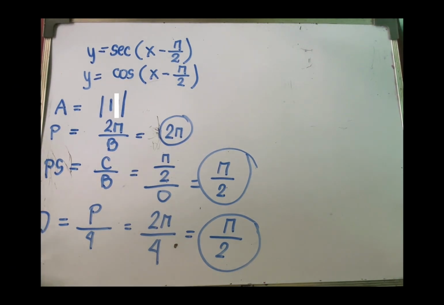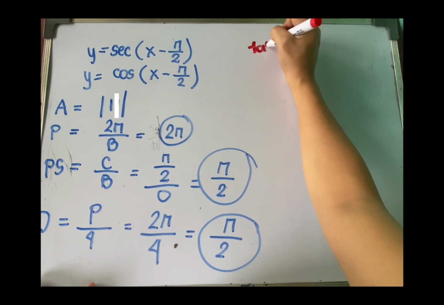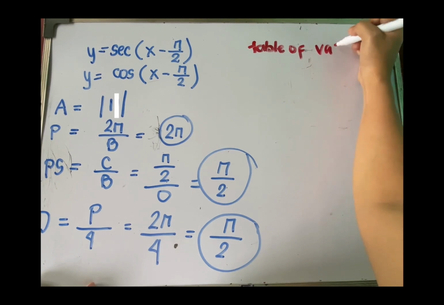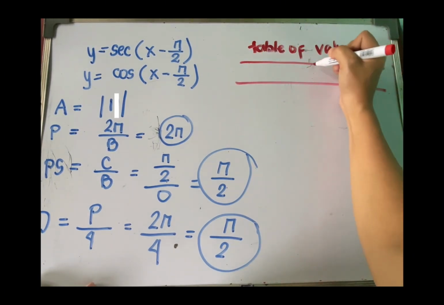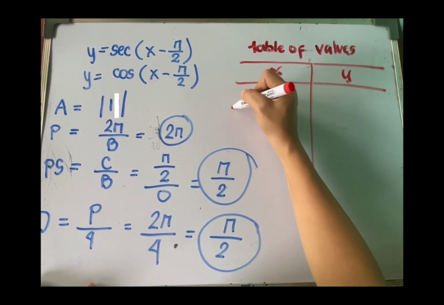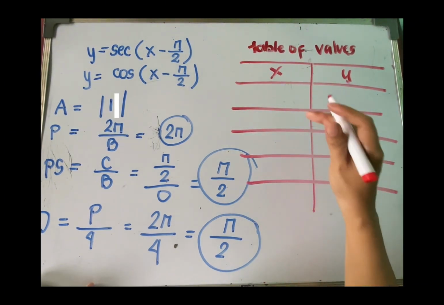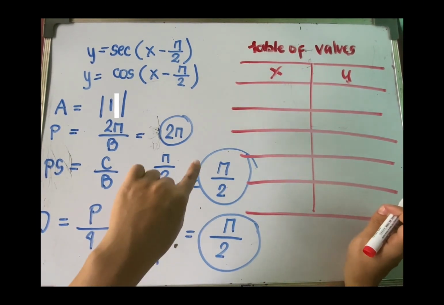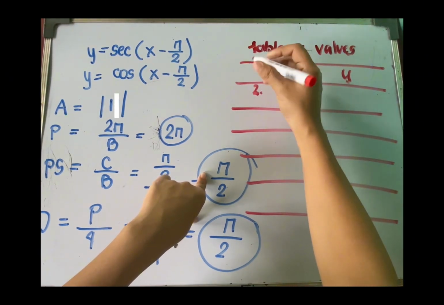Now let's do our table of values. The purpose of the table of values is that it helps us to graph later, and in order for us to not get lost when we do the graphing. Since it is only one period, we have x and y, with five points. First we write our phase shift, pi over 2.